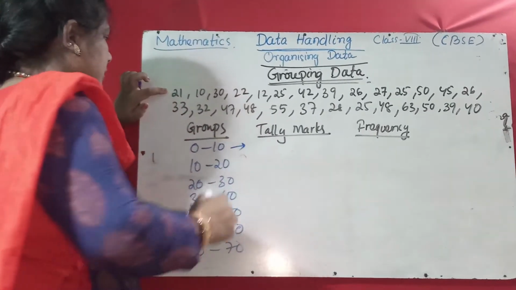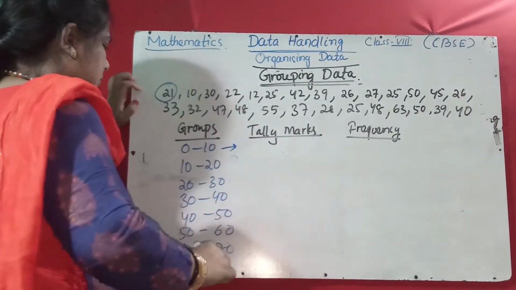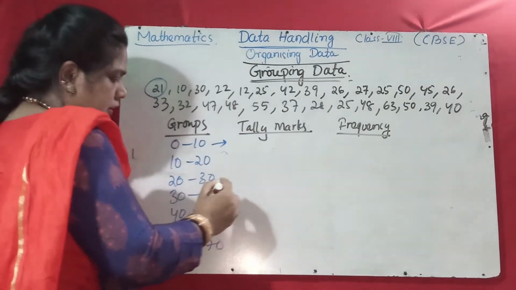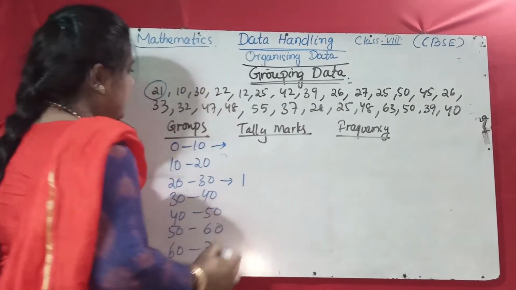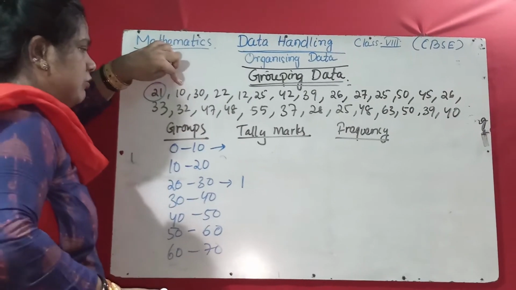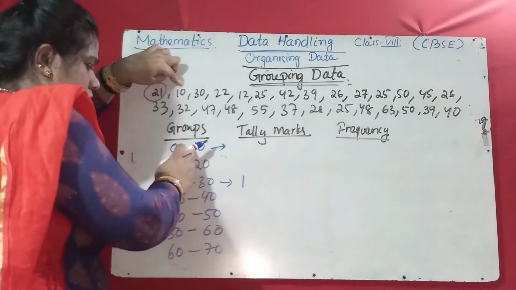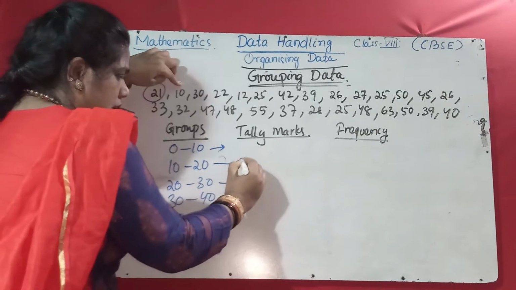Suppose 21, where will it come? 20 to 30, you make one line. 10, in which group? Here it will not come. This group, make one line.